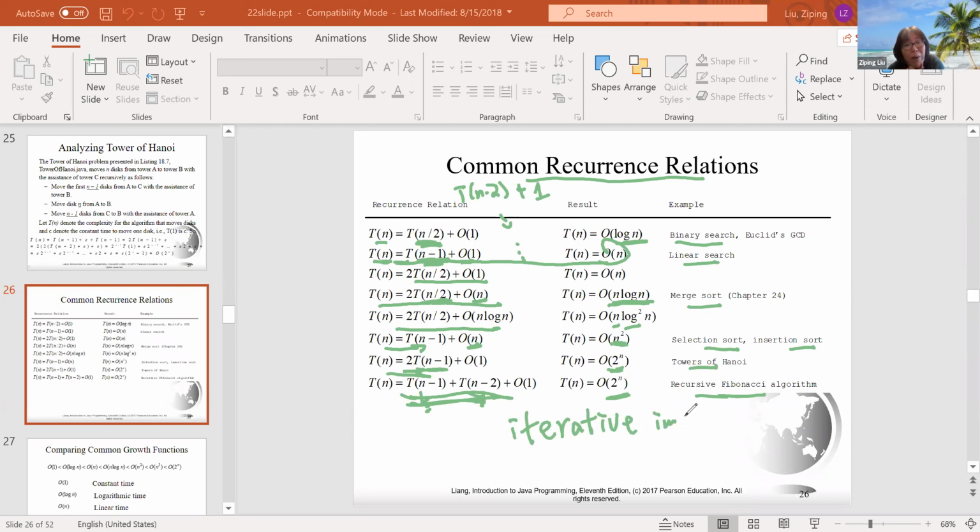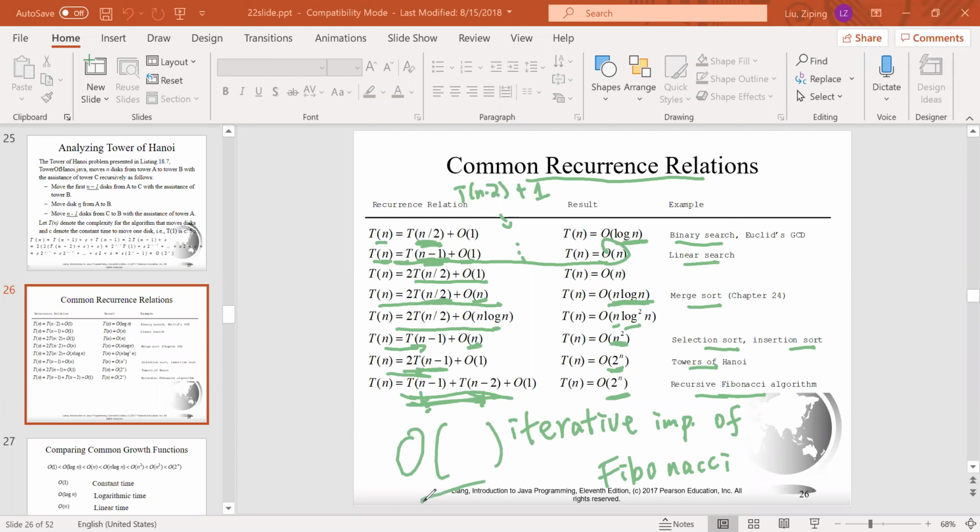Fibonacci, if you use the iterative way: who can guess what the Big O is for the iterative implementation? Would it be O of n? Yeah, it's just n, it's linear, because it's just a for loop.